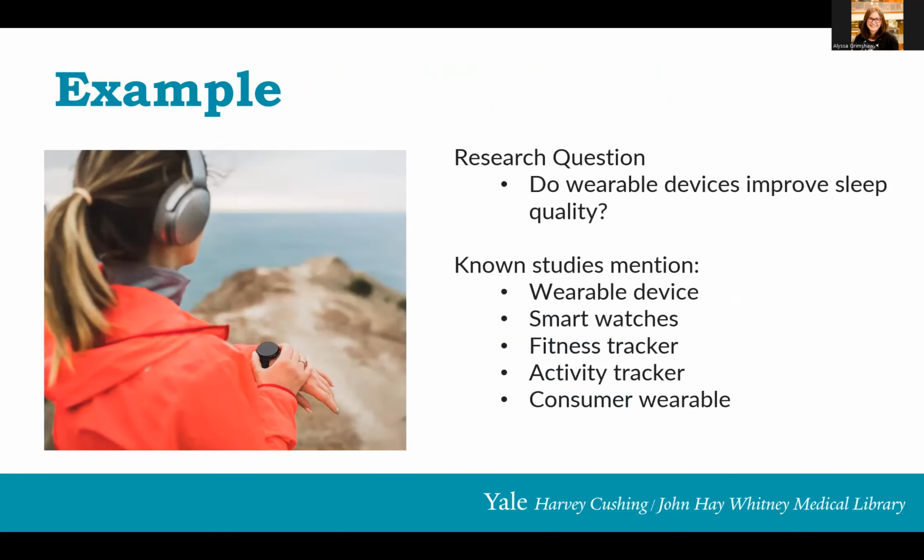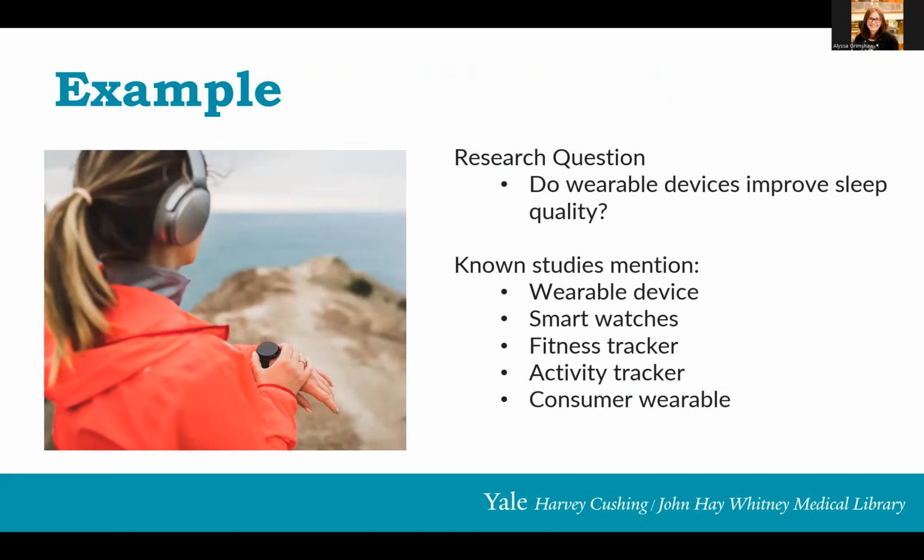Okay, so let's take a quick minute to think of an example as to why this is so important and how having validating articles can help us. Imagine we have a research question of, do wearable devices improve sleep quality? If we only searched for the term wearable device or devices, we might miss a whole bunch of studies that use different terminology.